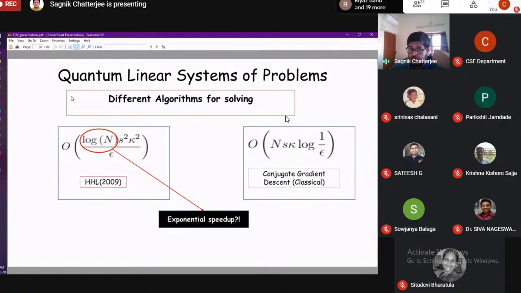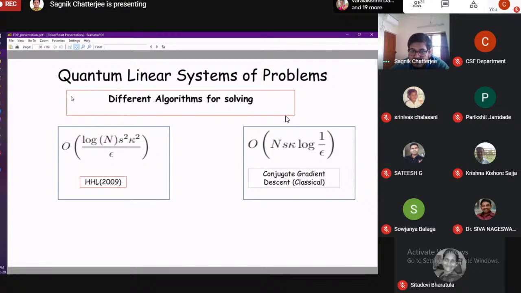But is this true? I'll urge you to look at the two time complexities again. In the input size, it is logarithmically faster. It is exponentially faster. However, if you look carefully, it is exponentially slower in terms of error and also quadratically worse in terms of complexity.